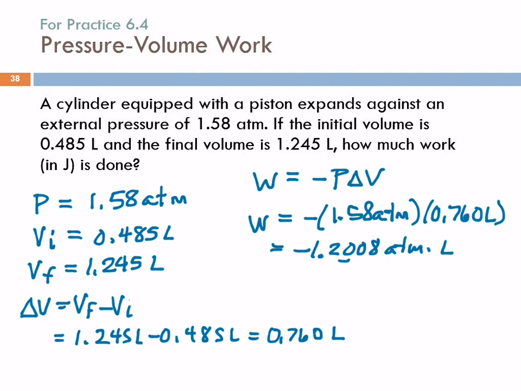No. There's a relationship: 101.3 joules per atmosphere liter. So we need to convert. 101.3 joules is equal to 1 atmosphere liter. So I take that result times 101.3. For 3 significant figures, I'm going to end up with minus 122 joules.